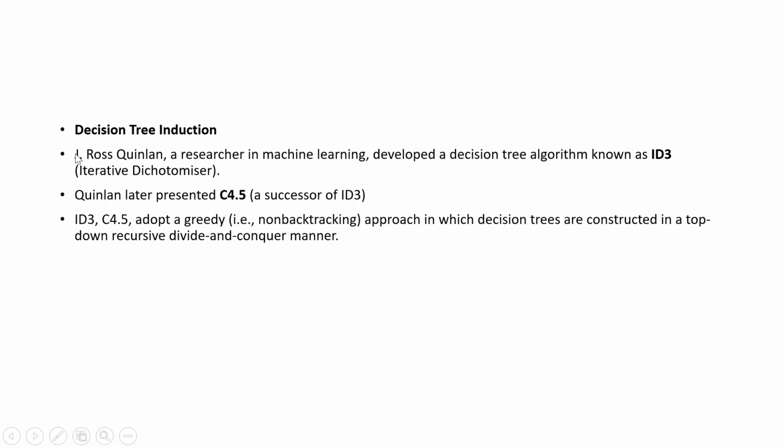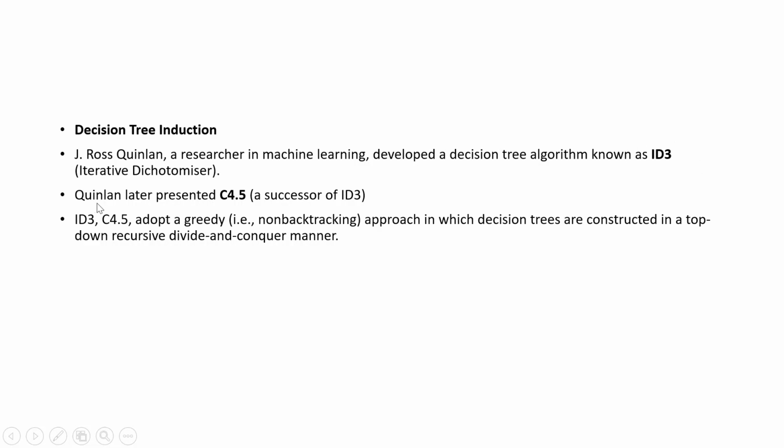J. Ross Quinlan, a researcher in machine learning, developed a decision tree algorithm called ID3. ID3 stands for iterative dichotomizer. This is the most basic algorithm for building a decision tree.